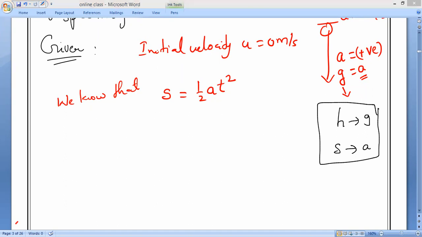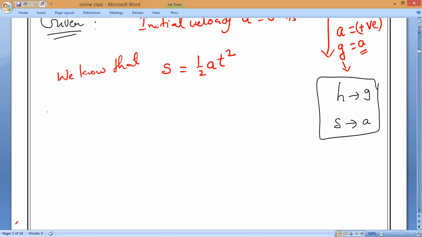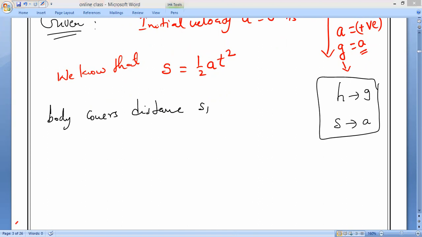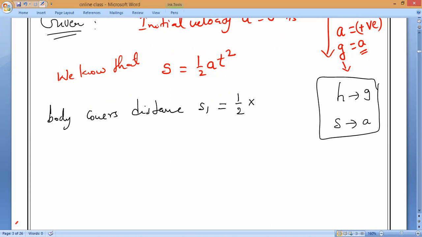Now, the body covers distance S1 in how much time? Danishkar, Arun, Kailash? S1 is equal to 1 by 2 into a into 1 whole square, first second.